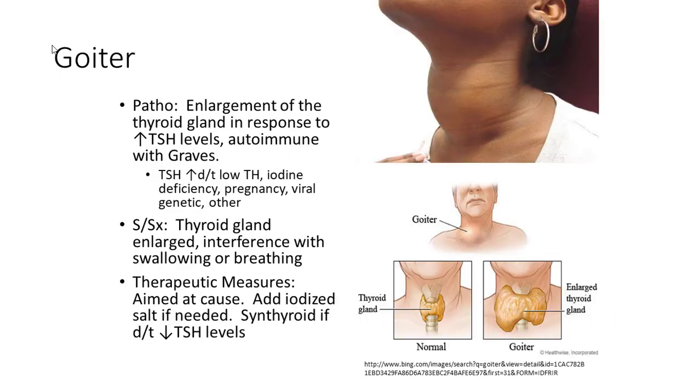All right, goiter. You can see this. Again, there's a normal thyroid gland, and then there's an enlarged thyroid gland causing the lump, the goiter. The TSH levels are going to increase, so that thyroid's going to increase in size to try and work better.